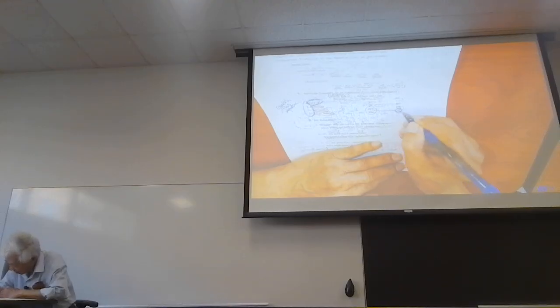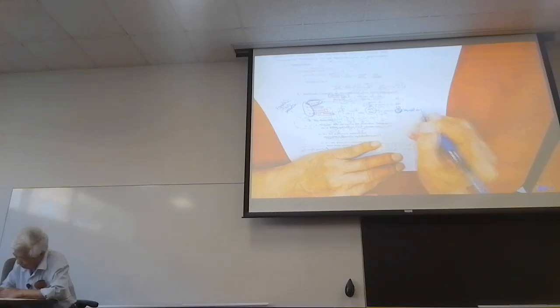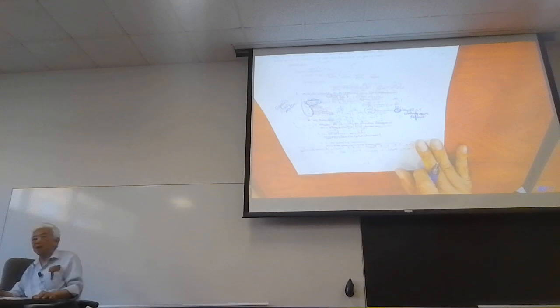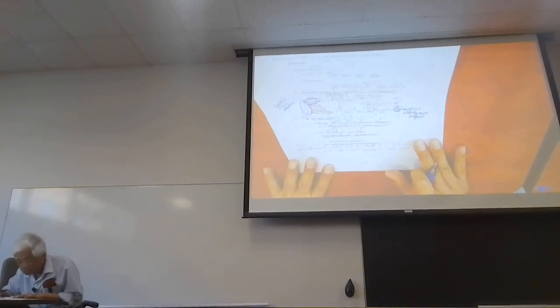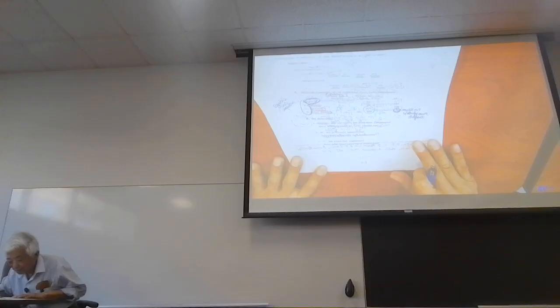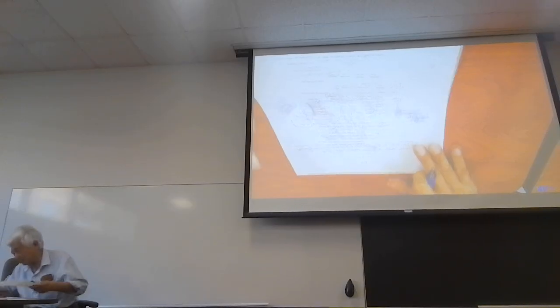Smaller delta T is relatively more difficult. That means you need more ideal stages. So, once you know this, look at the next page.